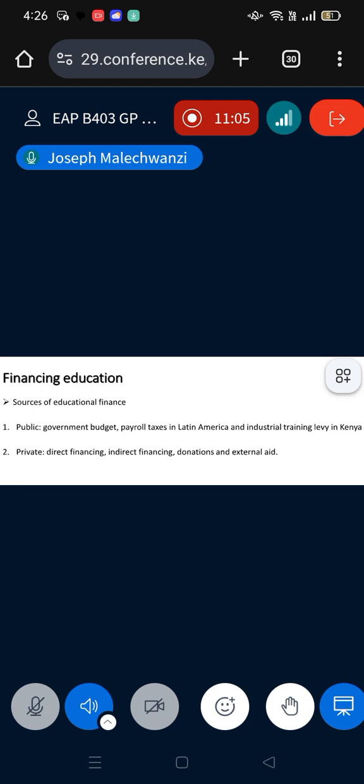You want to use the laboratory, you pay some lab fees. You want to be an affiliated member of the student council, you pay the student council fee. All these are what we call direct financing. All this money is used to supplement the various vote heads that I've mentioned, and quite a number of them in addition. Then we also have indirect financing.